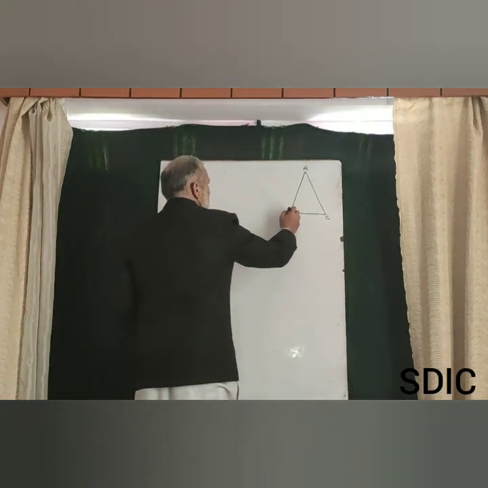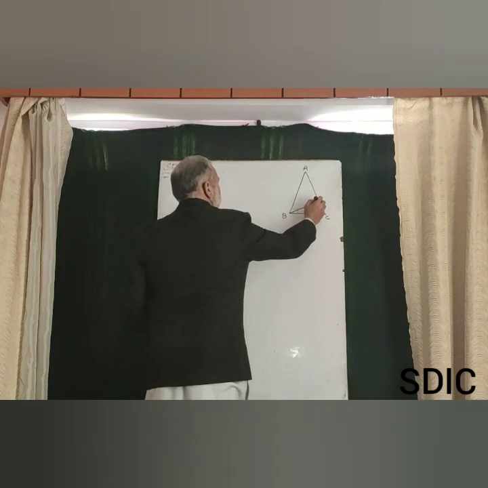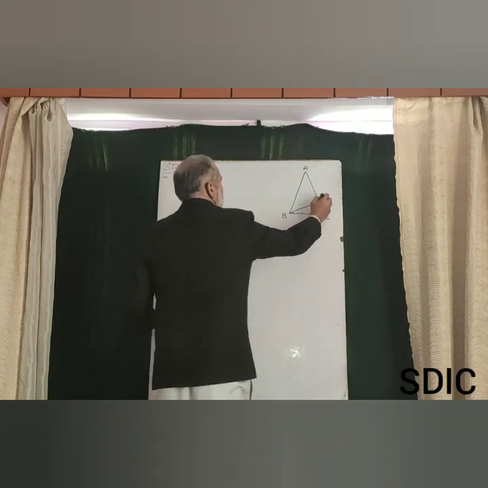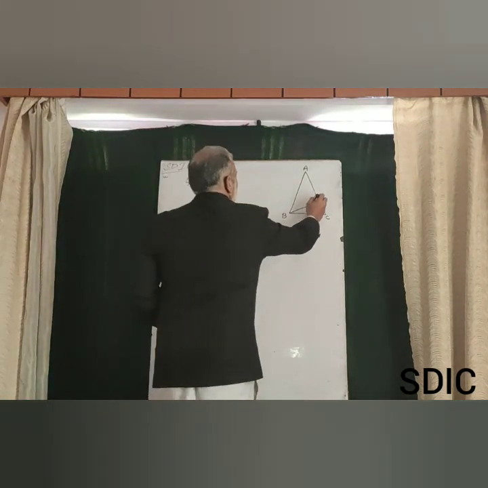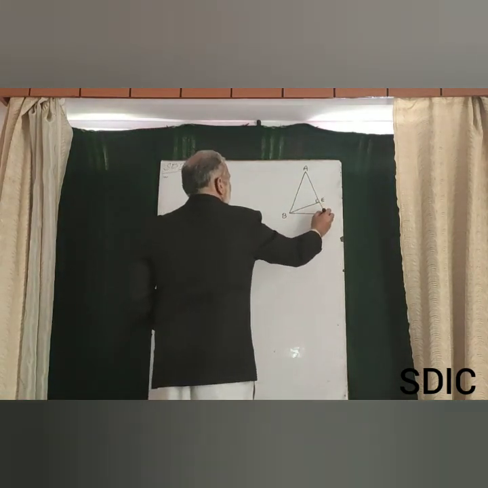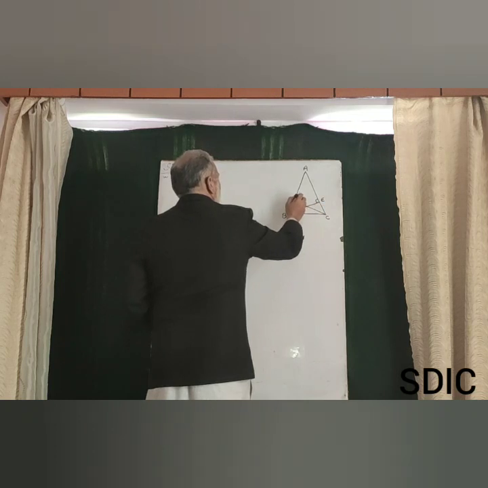Instead, what is given? Again, like the previous question, altitudes are given. BE is perpendicular to AC. CF is perpendicular to AB.